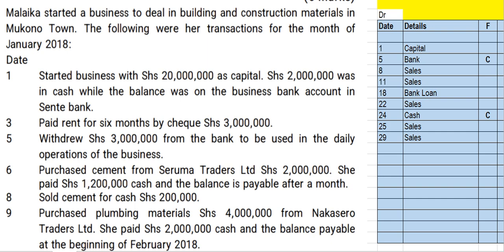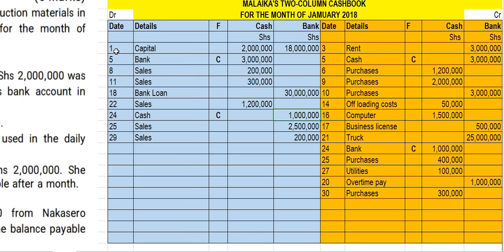So we have to debit the cash book on 1st January, as you can see up here. Show capital, with cash of 2 millions, then bank 18 millions. So that is the first transaction.